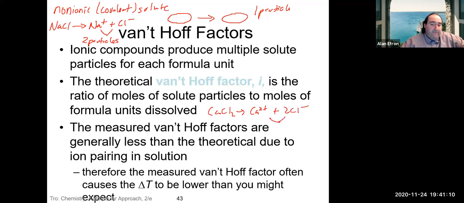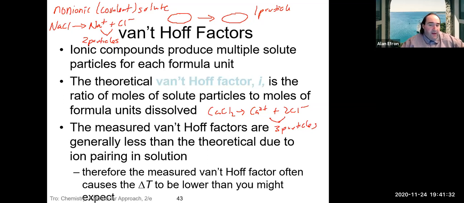We essentially get three particles as a result of that. And to correct for ionic compounds when we dissolve those, we have to take into account the number of particles that are there.